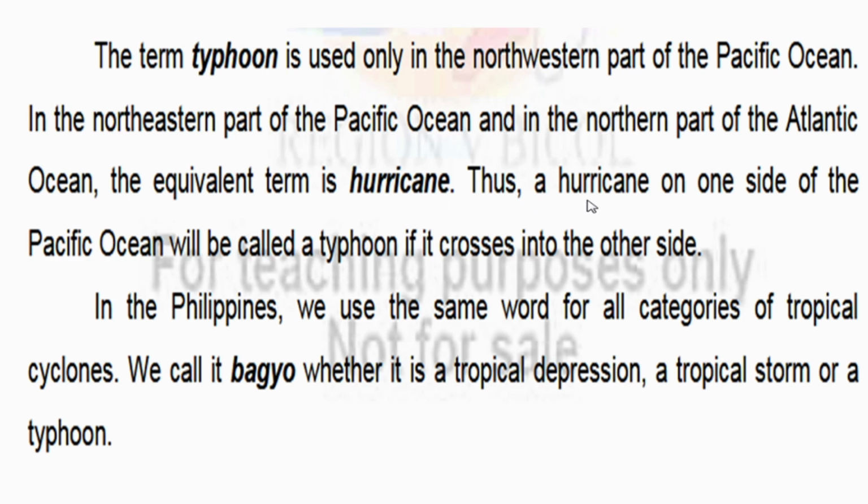Okay? Thus, a hurricane on one side of the Pacific Ocean will be called a typhoon if it crosses into the other side. So in the Philippines, we use the same word for all categories of tropical cyclones. We call it bagyo, whether it is a tropical depression, a tropical storm, or a typhoon.